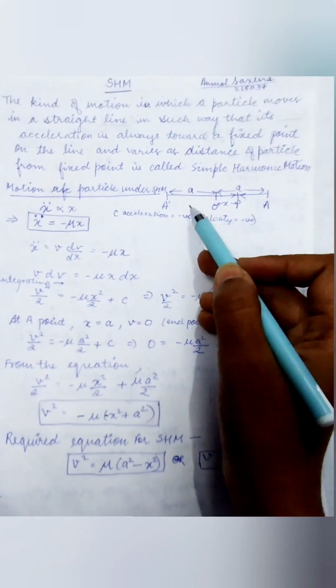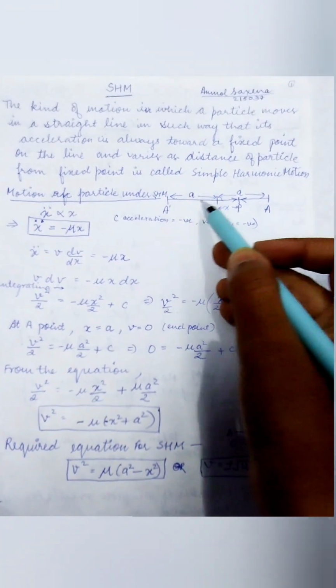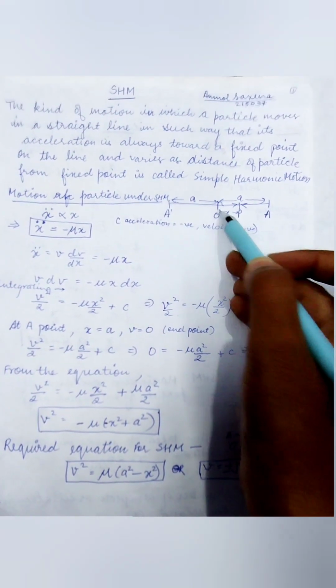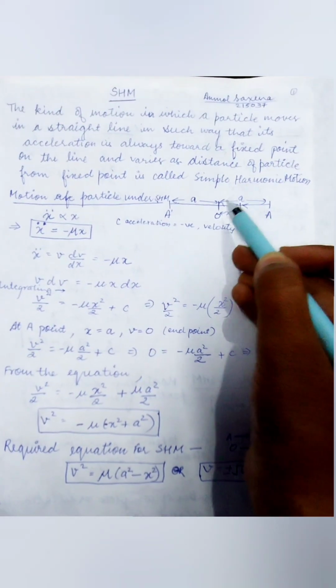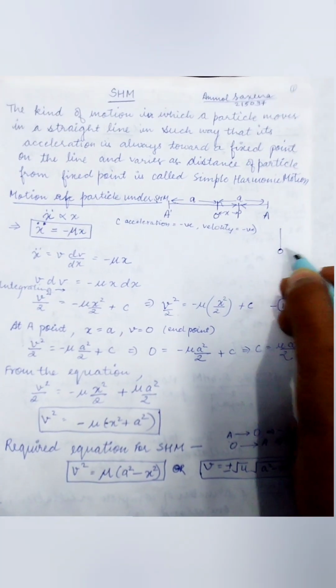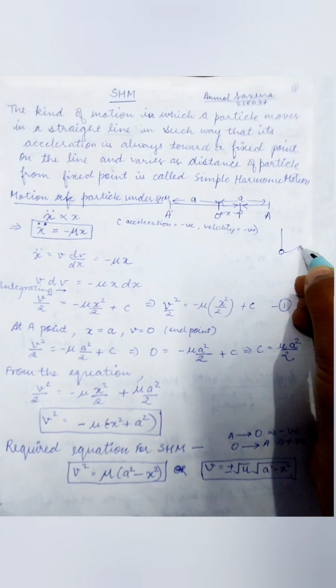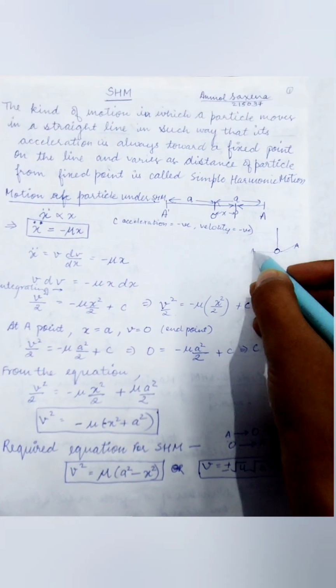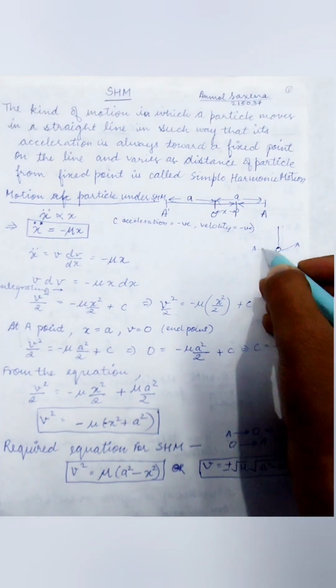From this figure we can see that there is a mid position O, and like a pendulum, its main position is this, and it will go to A here and A here, a to and fro motion.